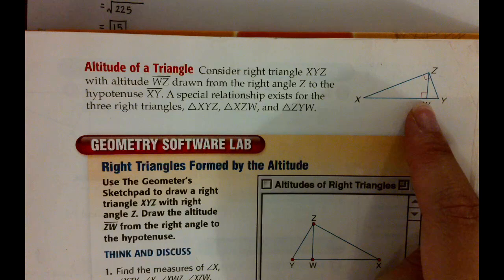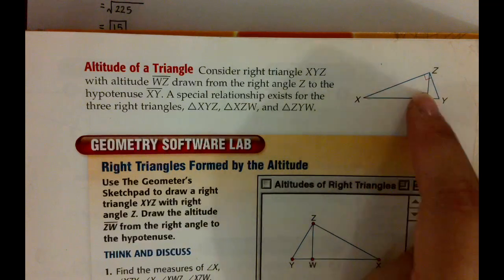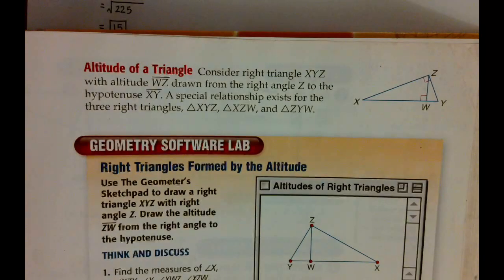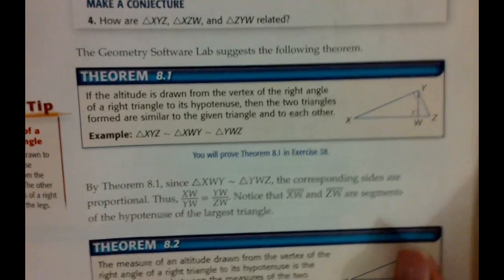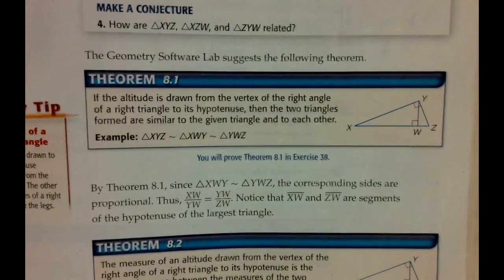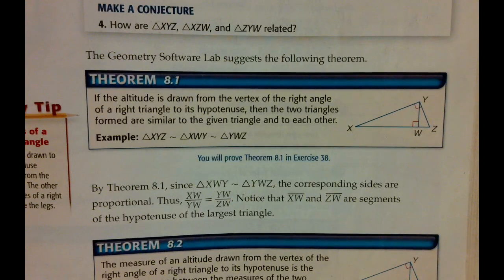As a result, a special relationship exists for these three right triangles: this small one here, this one here, and the original one. If the altitude is drawn from the vertex of the right angle to the hypotenuse, then it forms two triangles that are similar to the given triangle and to each other.